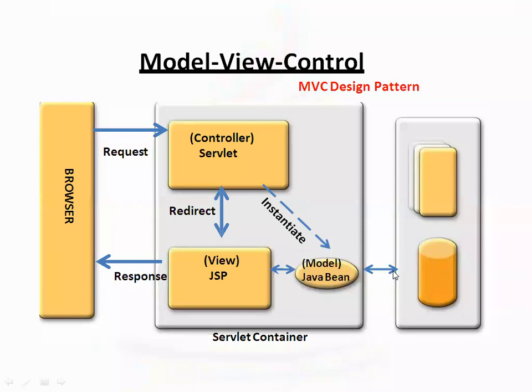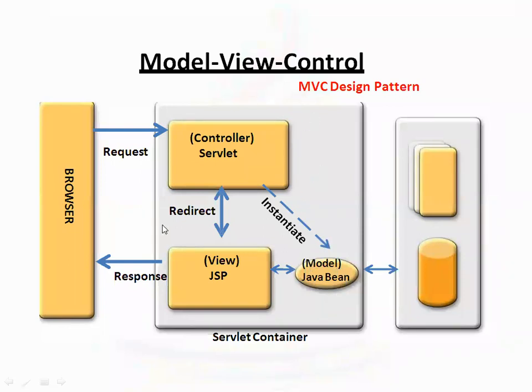Okay. Sir, I have one more doubt here, on the MVC diagram. The view and controller are processing on the model Java Bean only, sir. Yes, that's what I'm going to show. As of now, don't worry. Just remember this model.